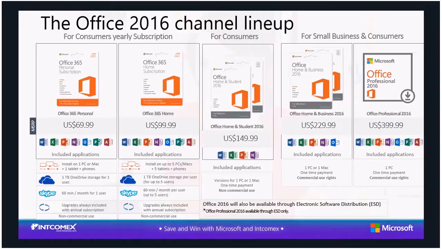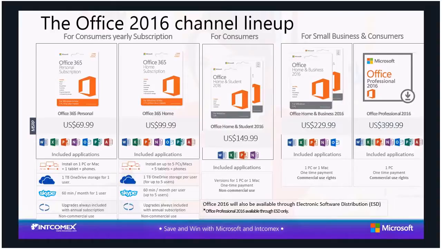Each of the users can install in one PC, one tablet, and one phone. Then that can install in one PC or Mac, one tablet, and one phone. And then my brother can install in one PC or Mac, one tablet, and one phone.